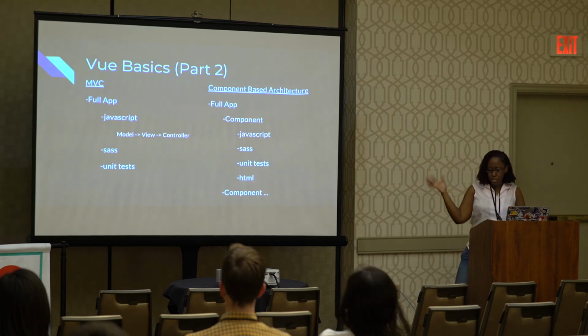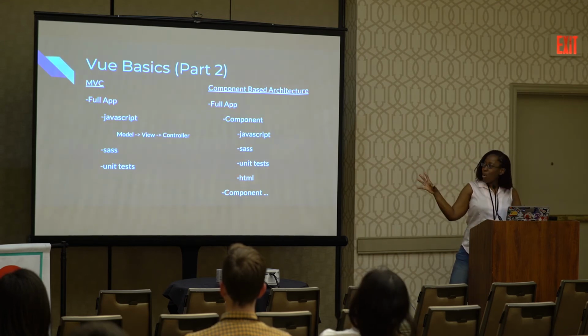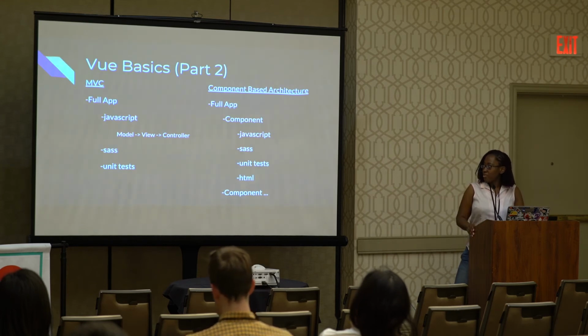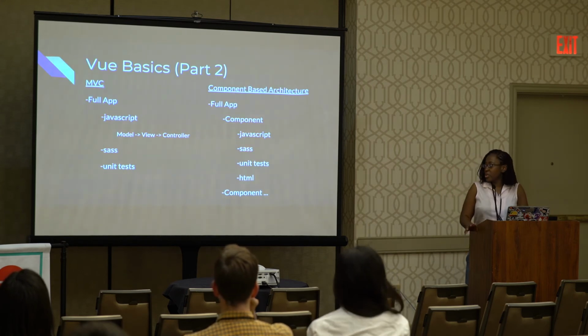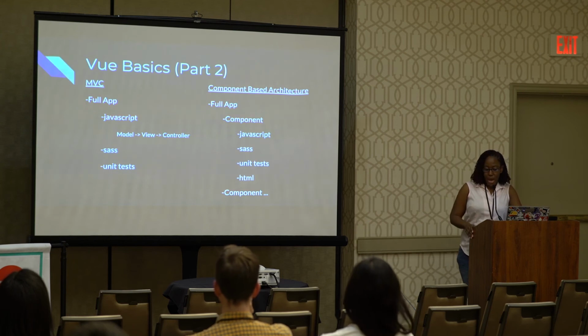This would be somewhat of an example of how the folder structure would move. First, you would have the full app, and this is for MVC specifically, which is what you're looking at on your right. You would have the full app, and then you would have one directory for your JavaScript files, and that would have a model in it and a controller, not necessarily a view.